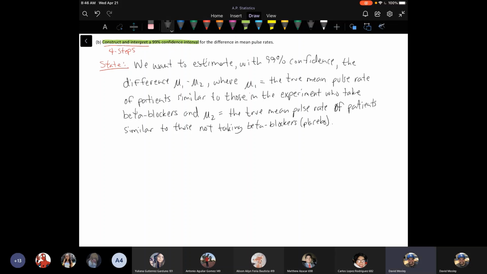Right, so this is what we want to do. We've identified our groups. We've labeled our parameters, what they mean in context, right? We're showing we're doing a 99% confidence interval. All the things are there to show what we're going to do next.